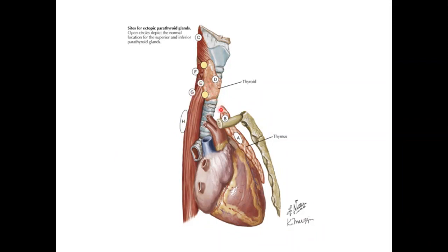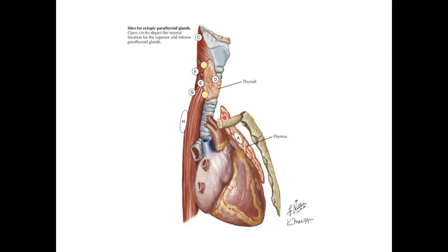And they can also end up in your mediastinum. So this is your heart, and here's your sternum, and then here's your heart behind it. And the thymus is a different gland. The thymus is the organ for T cell maturation, and they're actually called T cells because they mature in the thymus.